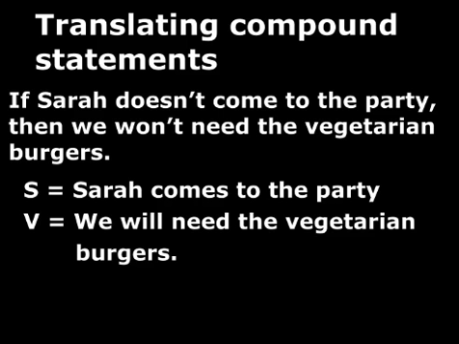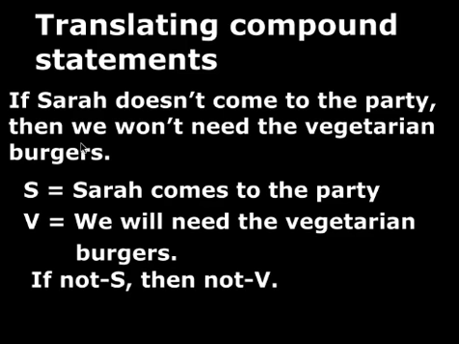Step two is rewrite the original sentence, only plug in the variables, the letters, in this case S and V, for the sentences that they represent, and leave everything else the same. And you get something like this. If not S, then not V. So I left the if and the then.